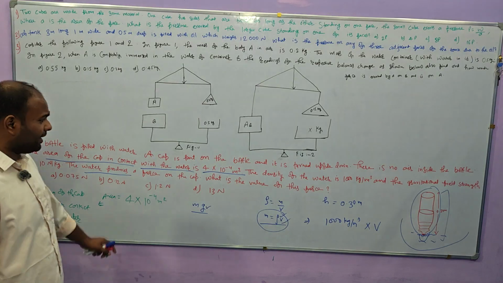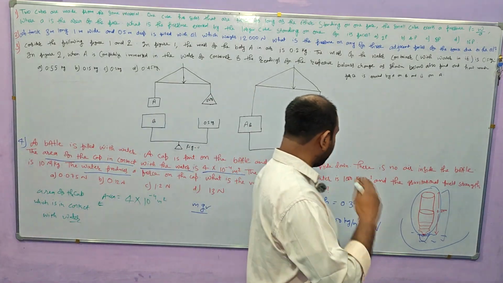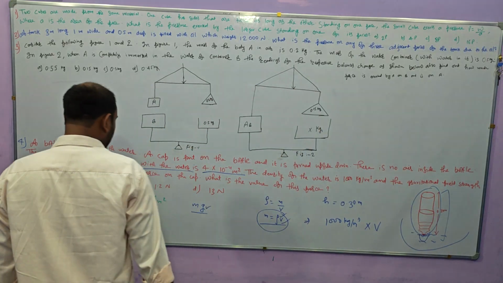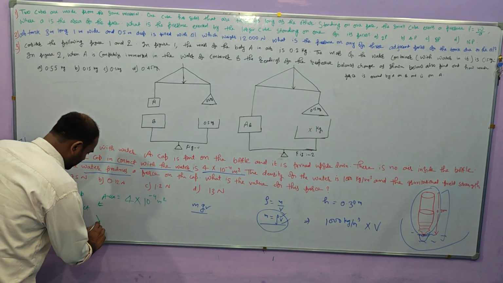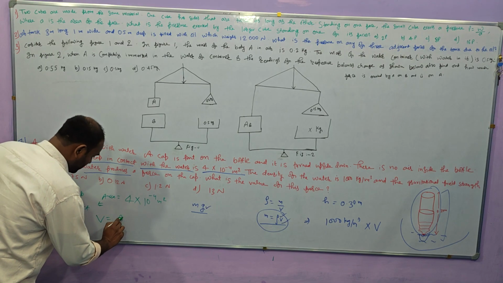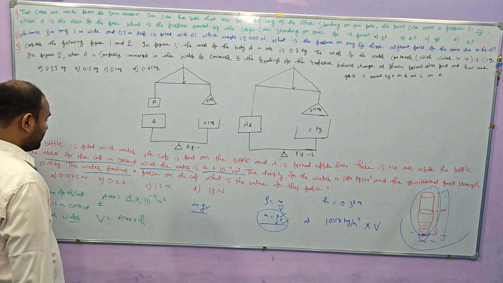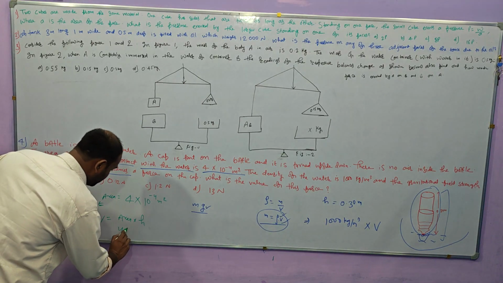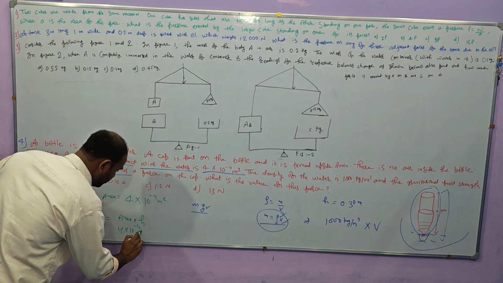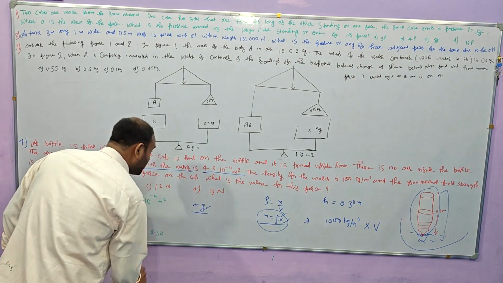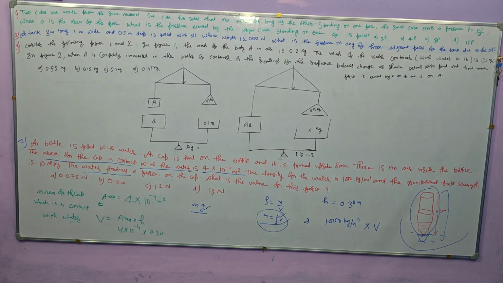So we have an area and we also have a height. Area into height becomes the volume of water. So volume becomes area into h: 4 into 10 to the power minus 4 into 0.30.